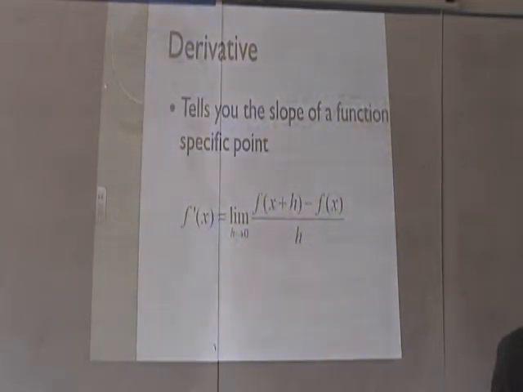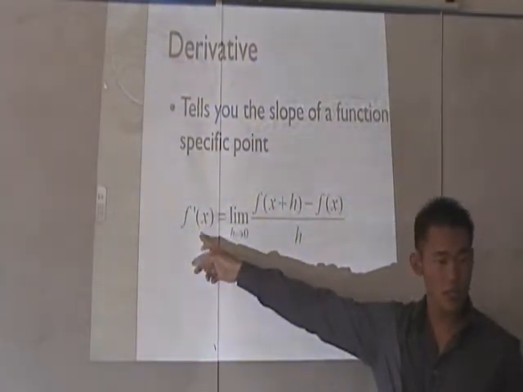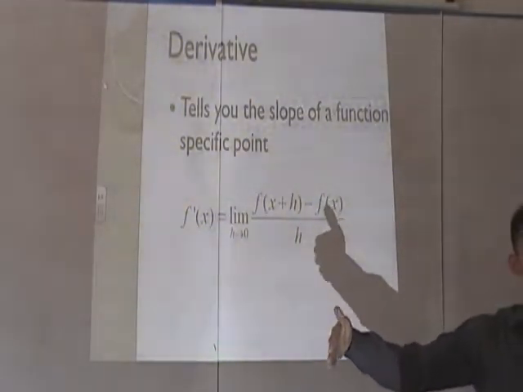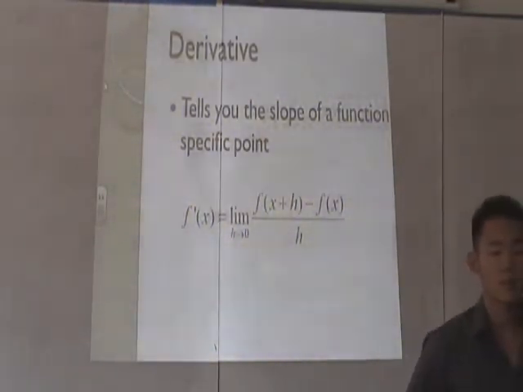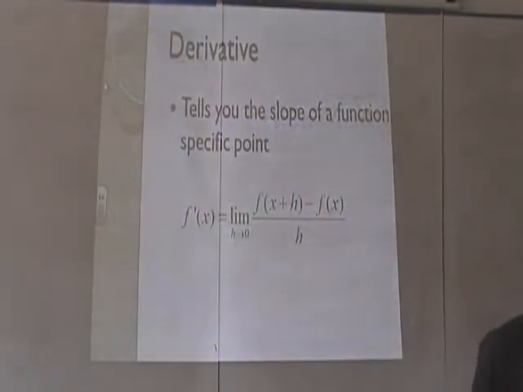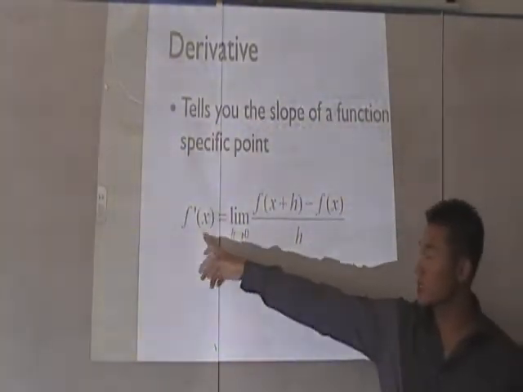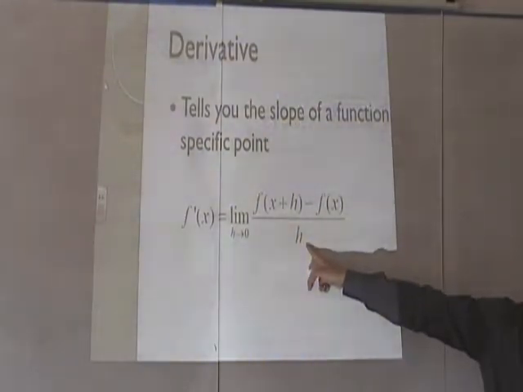Yeah, I'm going to talk about that in a little bit. This apostrophe stands for the derivative of f of x. So the derivative of a function is equal to this.